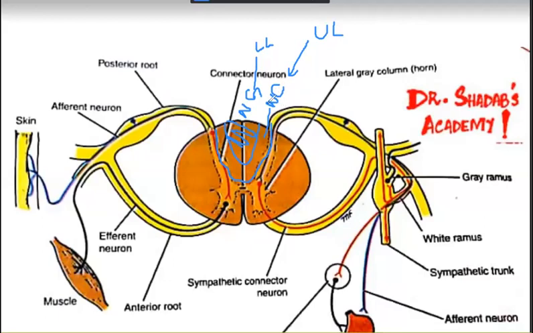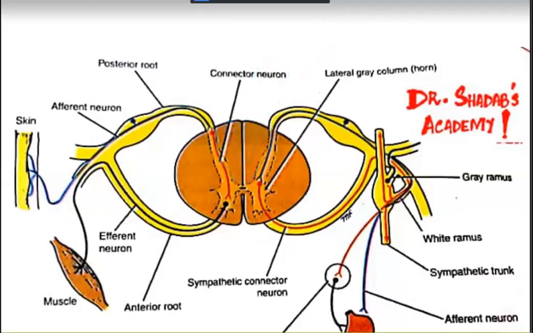You will find it in your thoracic and cervical segments. Make it clear. You will find nucleus gracilis in your lumbar and sacral segments. So make this point clear also. These are the two nuclei we are dealing with right now.